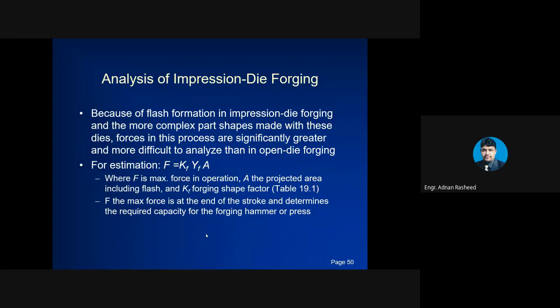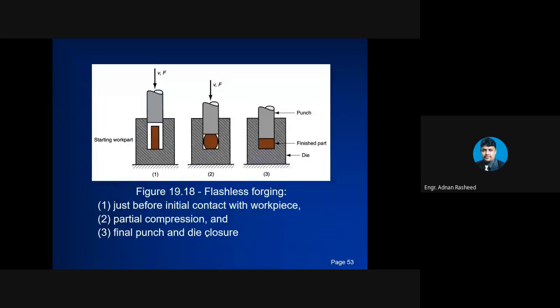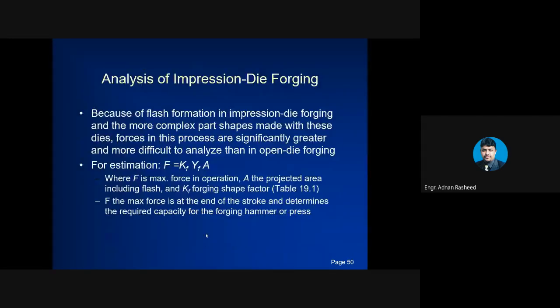Analysis of forging dies. Because of flash formation in precision die forging and the more complex part shape made with these dies, forces in this process are significantly greater than in open die forging, and they are more difficult to analyze.